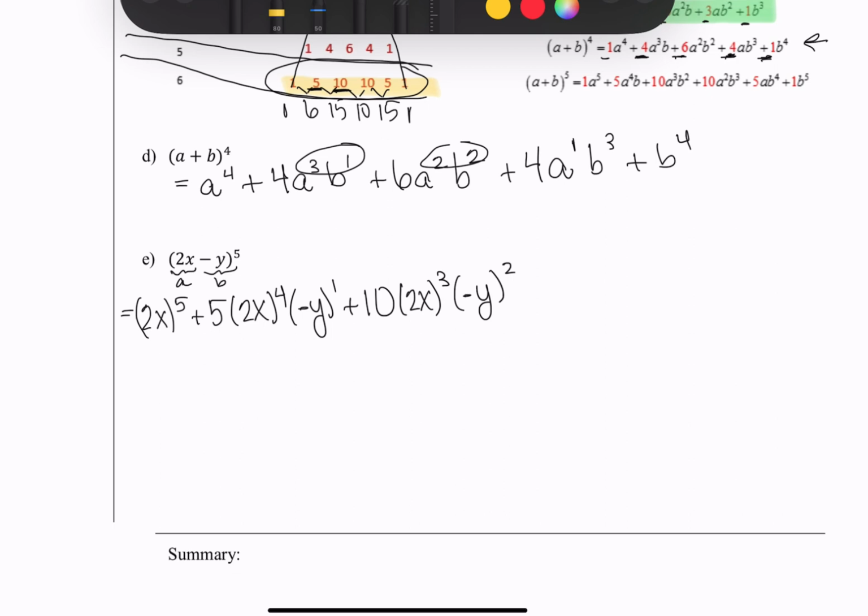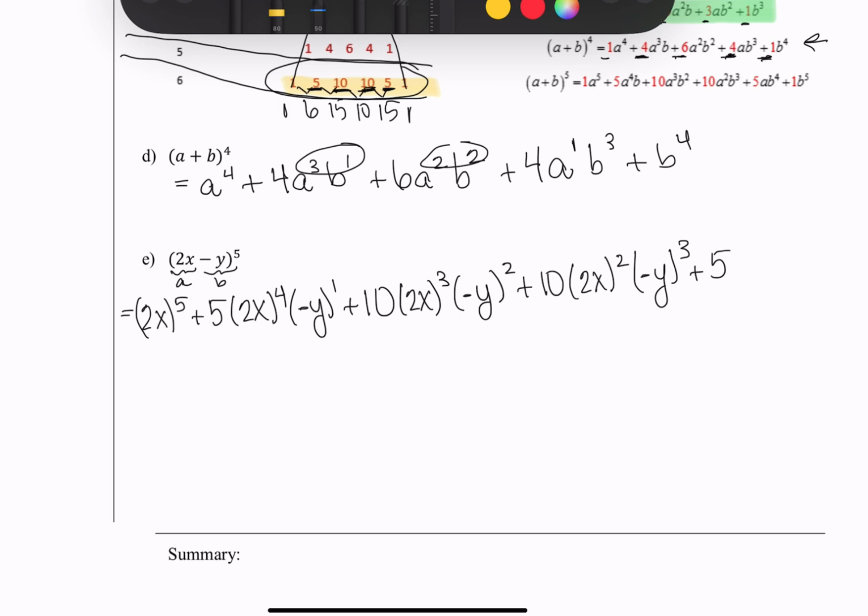Next term, so I'm on my fourth term, gets a coefficient of 10. 2x cubed, or my a, gets 1 less degree. And negative y, or my b, picks up another degree. Okay, moving on to my fifth term, you're going to have a coefficient of 5.